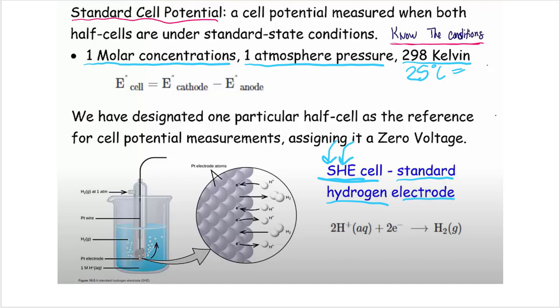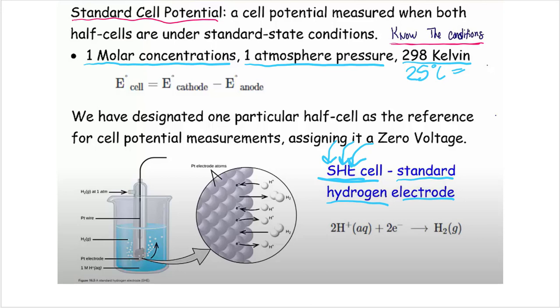hydrogen electrode, SHE cell. And now I want you to look at that table that you printed off, the standard reduction potentials at 25 degrees Celsius. There are all of these half reactions on the left, and on the right side it says E for our voltage, and there's a whole list of them. This is a front and back side.